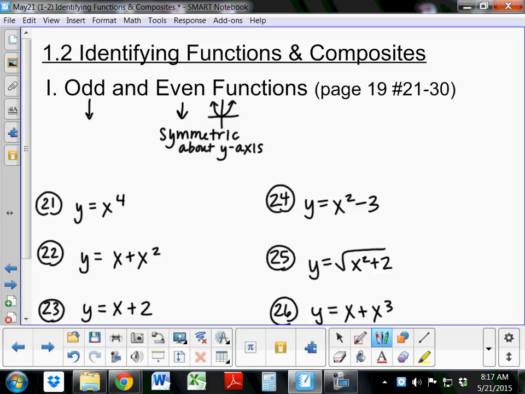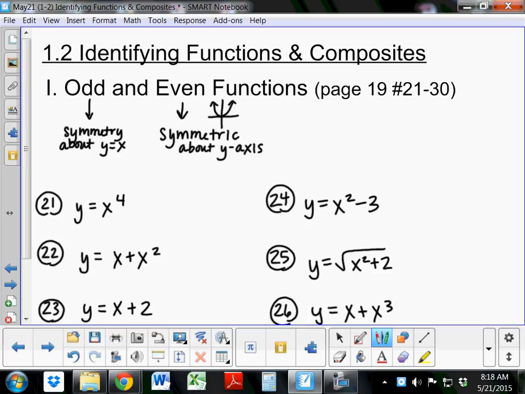For an odd function, this one's a little bit different. This one has symmetry, but the symmetry is rotational, and it's not about the x-axis like you would hope, because that would sound nice, but it's symmetry about the line y equals x.